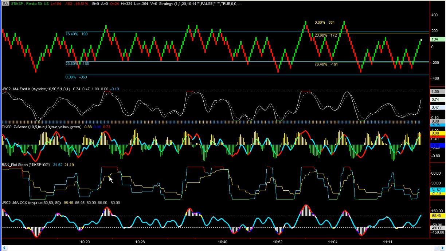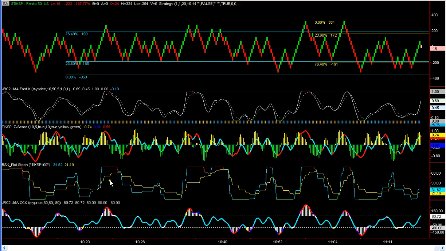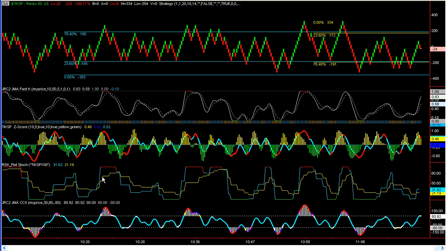Now the other data feed that we've got working here, we've got a stochastic set to a little higher. I should have gone back and mentioned this S&P is again a Renko 50 brick size. This is based on a 100 brick size.